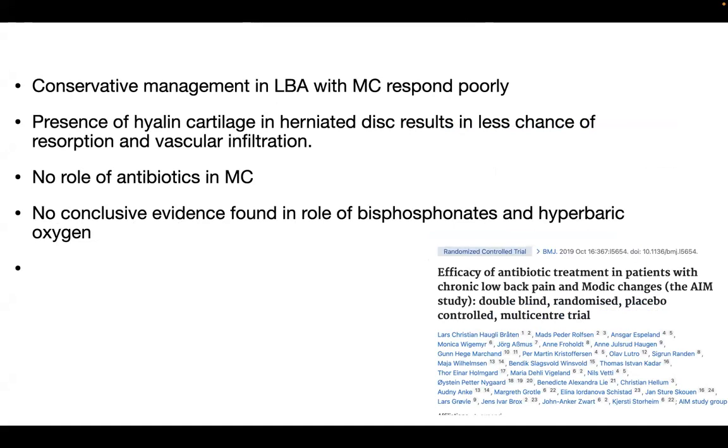I think in that there is a separate session on the antibiotic role. And another thing is stem cell therapy. I think there were some multicentric studies, especially Ganga has made, and there has been a publication in that. So different aspects of Modic changes, you look into that and it'll help you to identify.